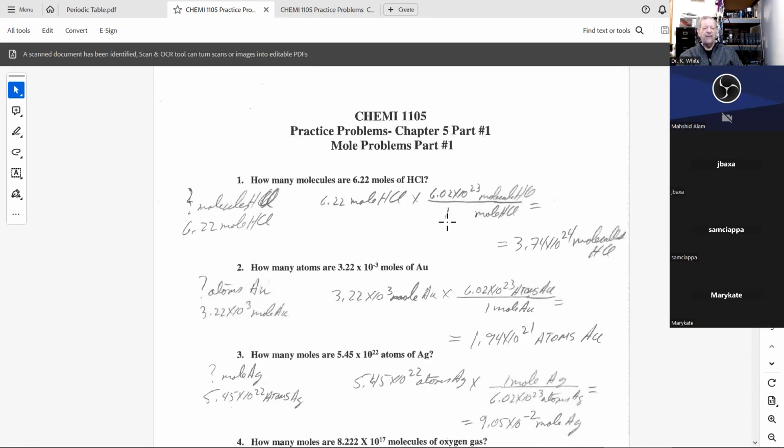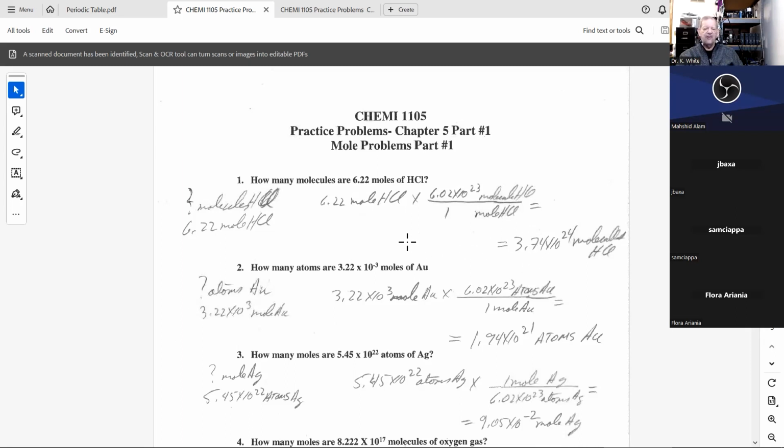And now 1 mole of a HCl compound equals Avogadro's number of molecules of that compound. Now, before you pick up your calculator, notice moles of HCl divided by moles of HCl cancel out, and we're left with molecules of HCl.